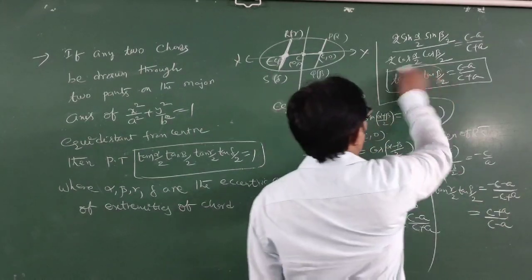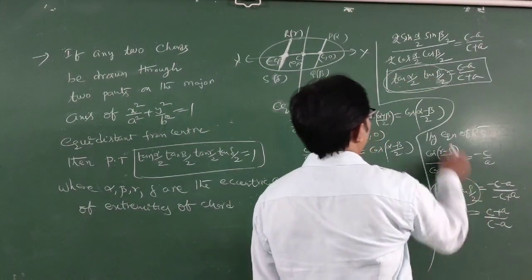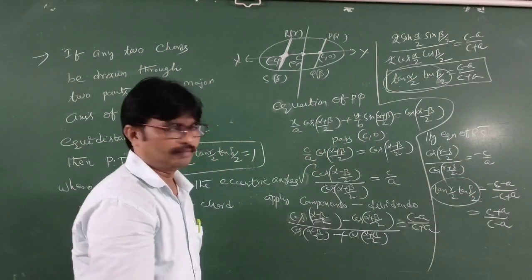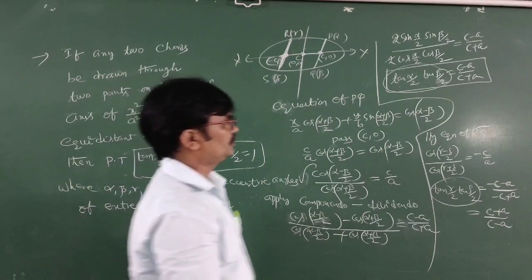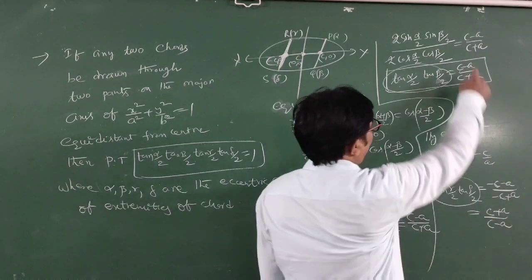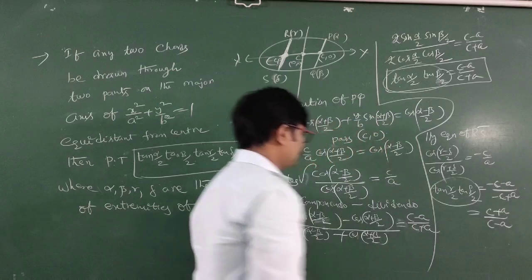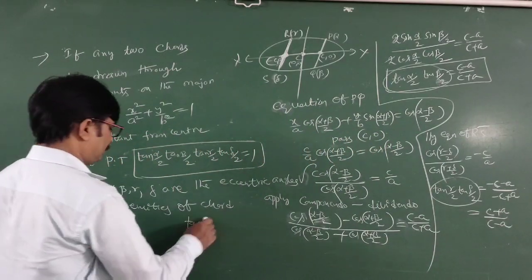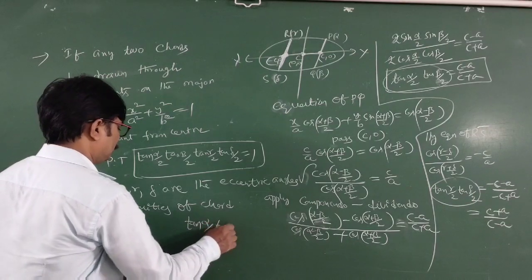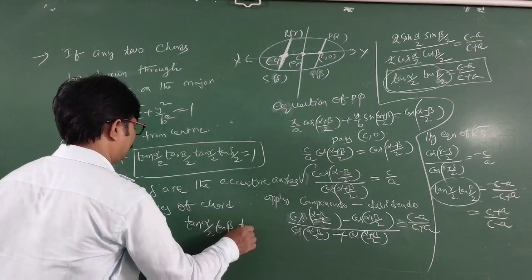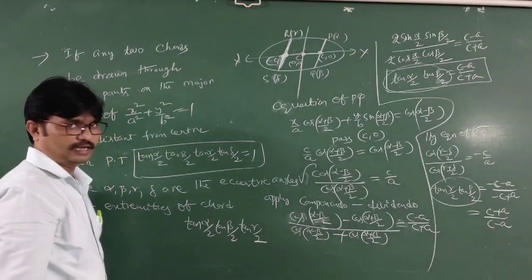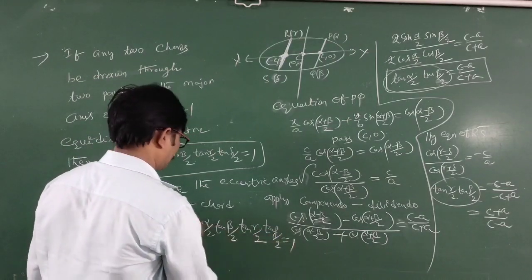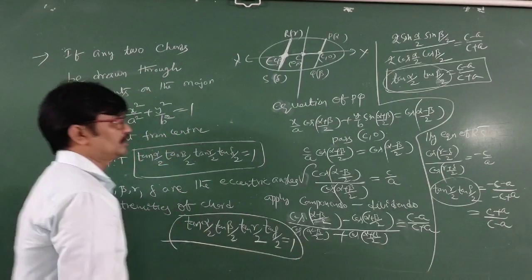My dear students, after the multiplication, tan alpha by 2 into tan beta by 2 into tan gamma by 2 into tan delta by 2 is directly equal to 1.